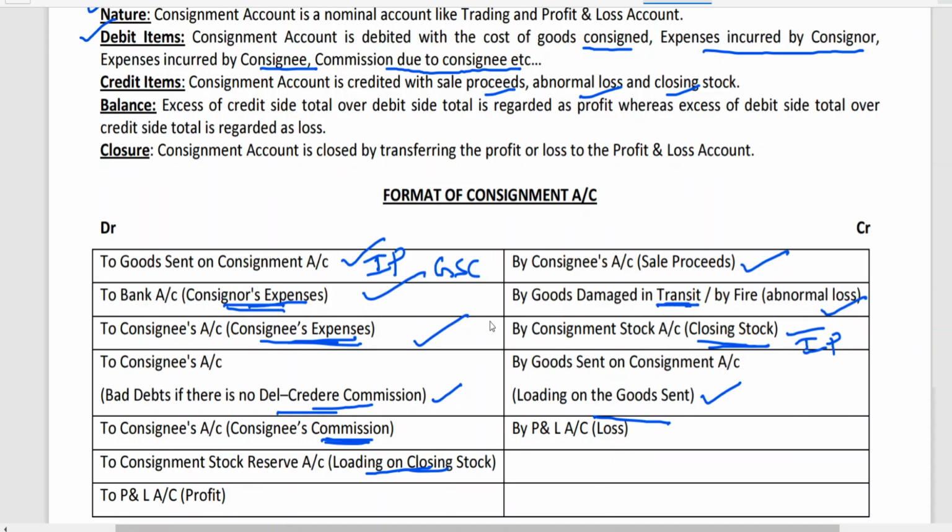As I told you in the last class, this is an important point: how to calculate goods damaged in transit or fire, and how to calculate unsold stock. I think we discussed these things with examples. So today first let me start with the journal entries in the books of consignor. Okay, clear to all of you? So let me start going for entries.